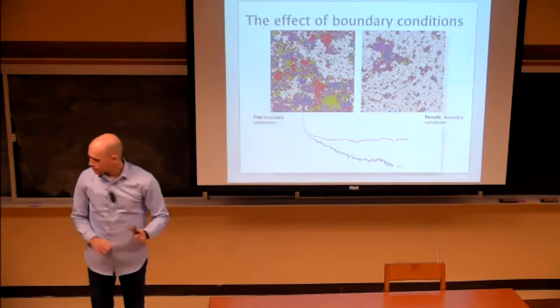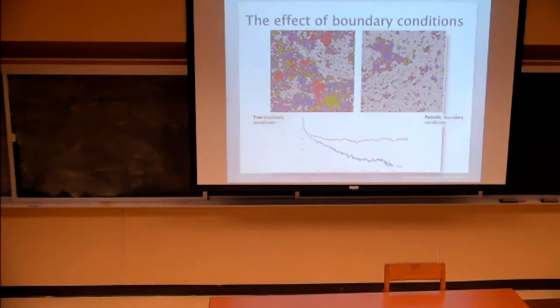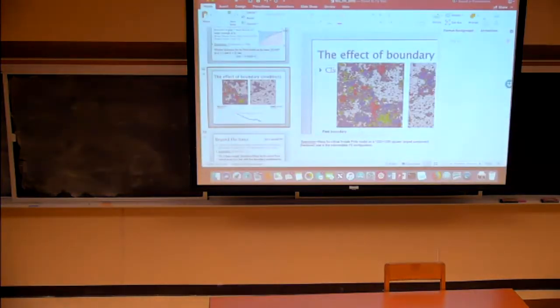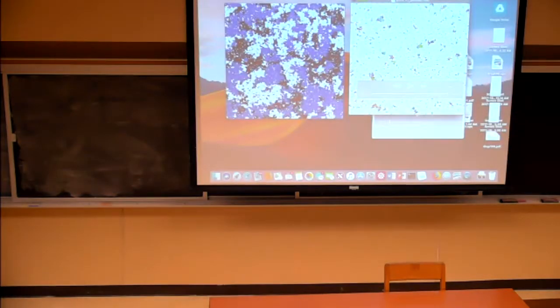Okay, so I just want to finish with one thing. This is the question of the effect of boundary conditions. Remember this movie for 10 colors on the torus, where everything seemed like it's not changing? Slow. We proved slow mixing for 5 colors and up.